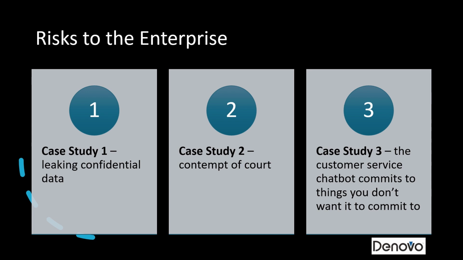Contempt of court. How many people heard about the lawyers in New York that were using ChatGPT to write a document for the court, and it started hallucinating case law very convincingly? But they were all found in contempt.